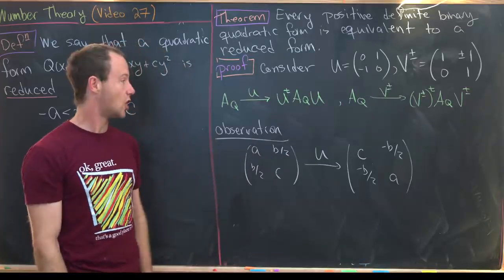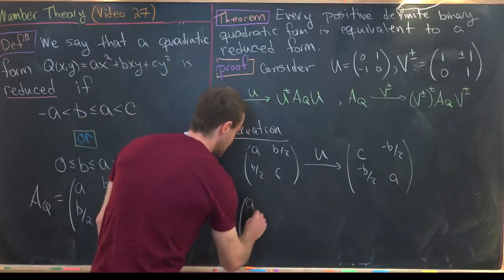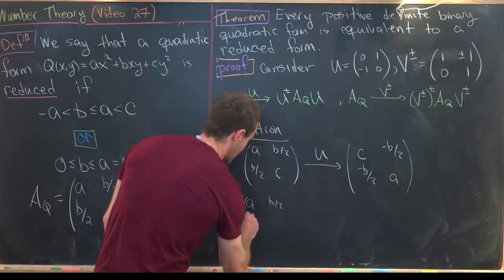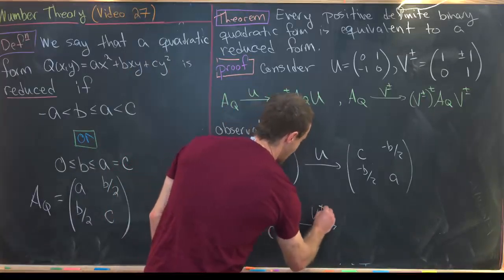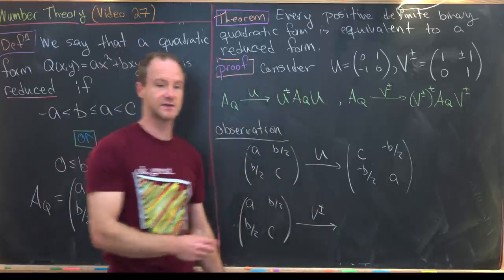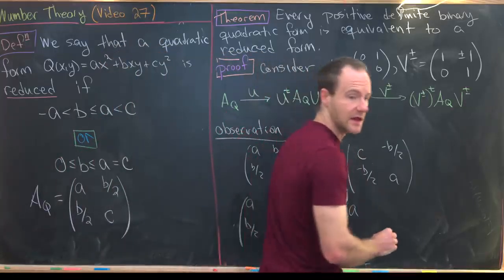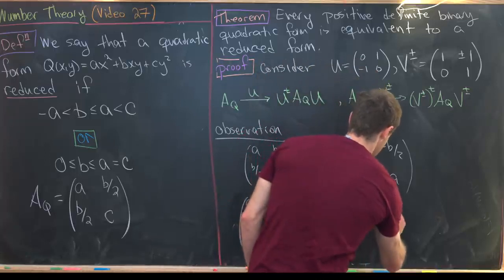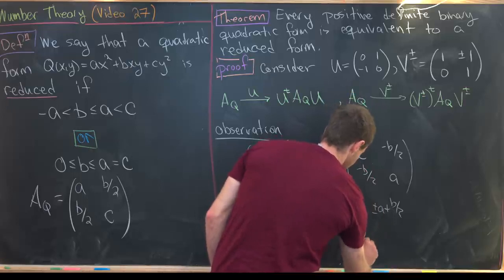So now let's also notice the action of V plus minus. We'll have A, B halves, C applied on by V plus minus, which will give us A, and then plus minus A plus B over 2, plus minus A plus B over 2.